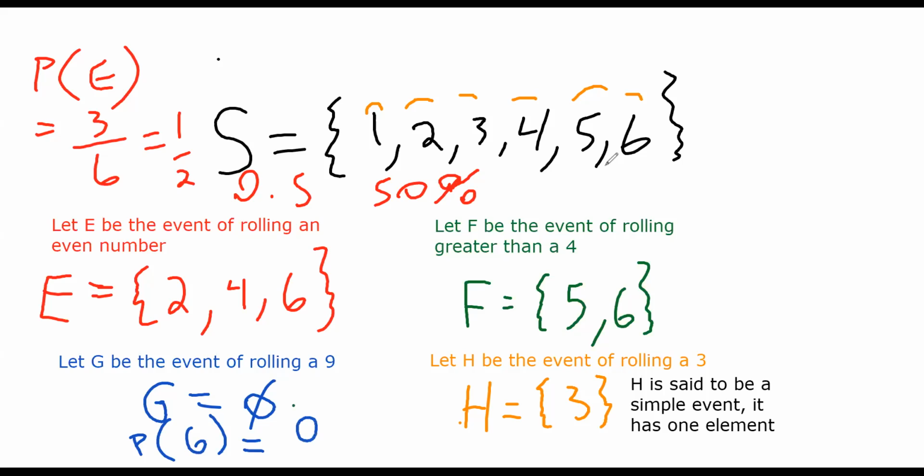There's nothing in the empty set. So it's 0 over 6, which is just 0. So it's a 0% chance that you'll roll a 9, which we already could guess logically. And then finally, 1 outcome in H. So there's a 1/6 chance that you will get the 3, which we already knew, but it's just kind of an interesting thing to note.